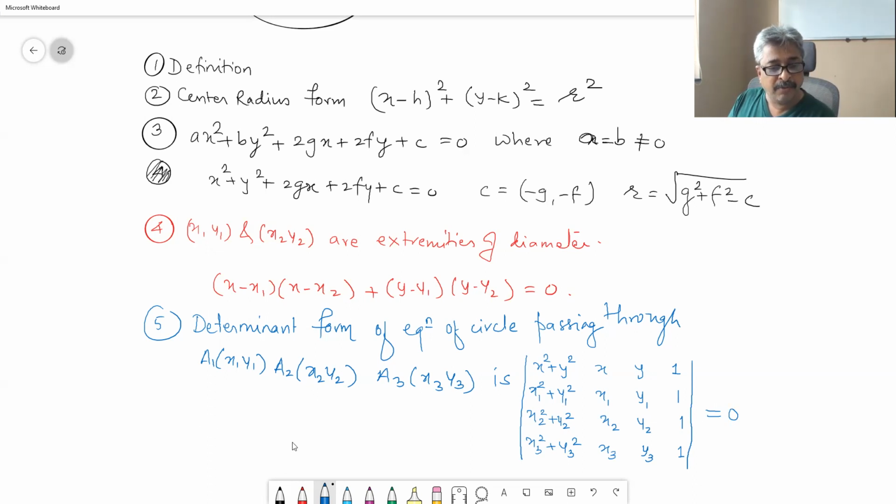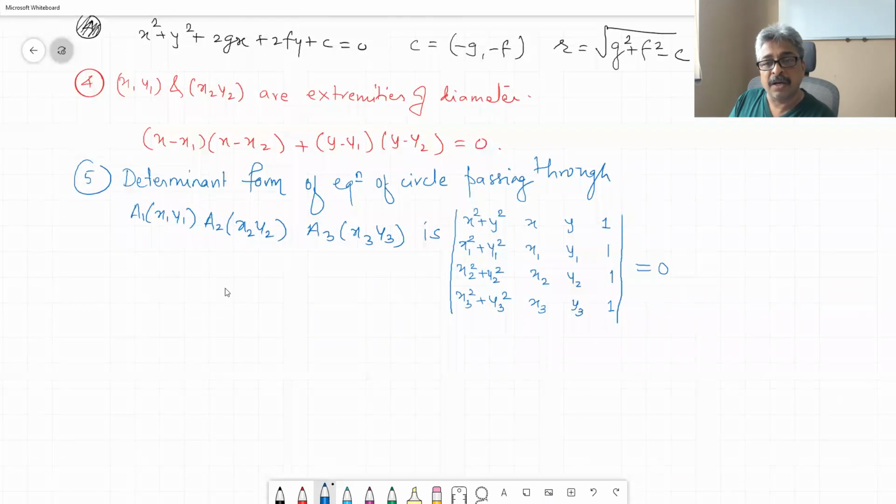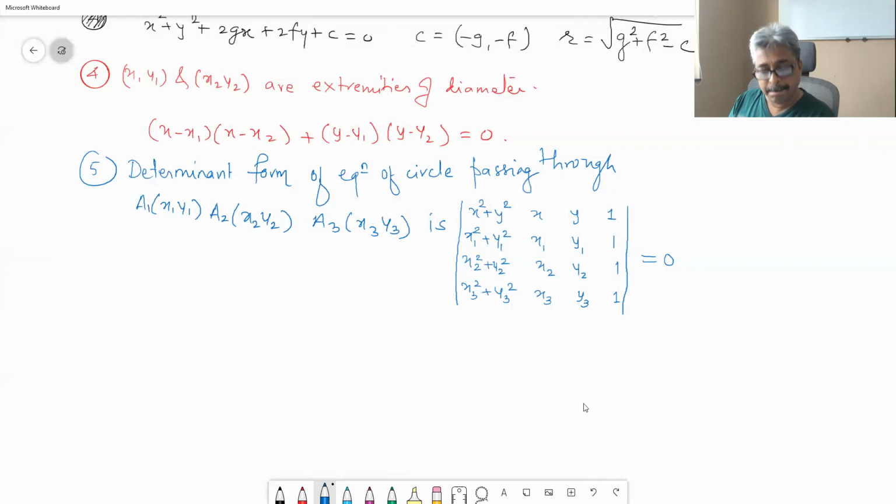Now, why is that the equation of a circle? We learned how to expand a determinant yesterday. Suppose we expand it using the first column. The first entry is x square plus y square, and these are constants: x1, y1, x2, y2, x3, y3.